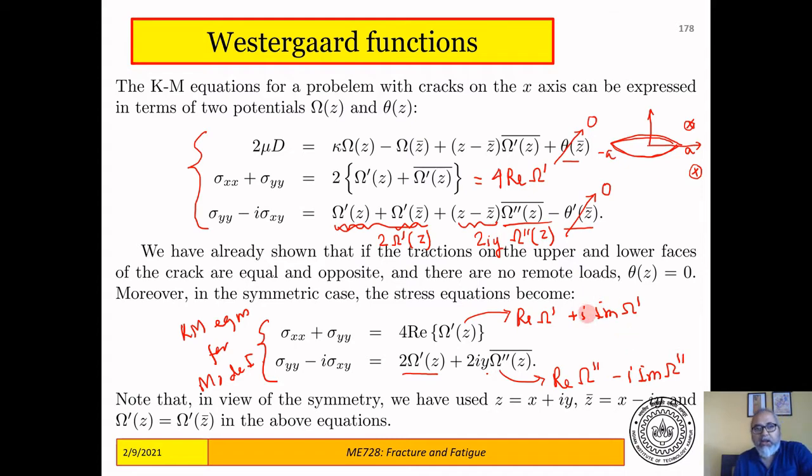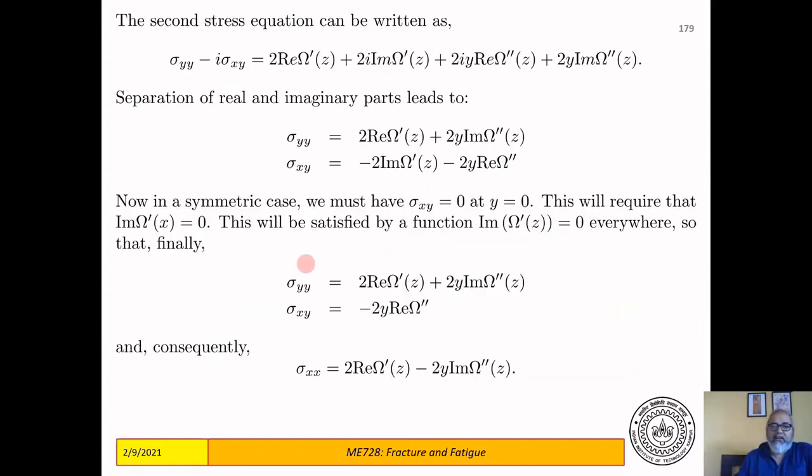Once we do that, we can write the function sigma yy minus i sigma xy as an expansion with the real and imaginary parts. Then separating the real parts, we can equate it to sigma y. So sigma y becomes this, and sigma xy is the negative of the imaginary part.